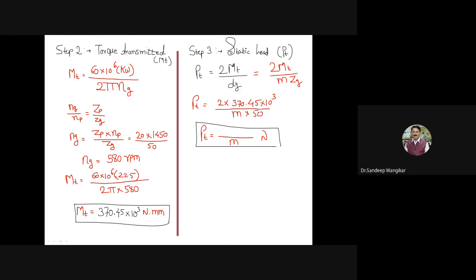So this is our PT value. I will highlight 14.817. I will modify it somewhat: 14.82 into 10 raised to 3. So this is my step number 3. Now proceed further.